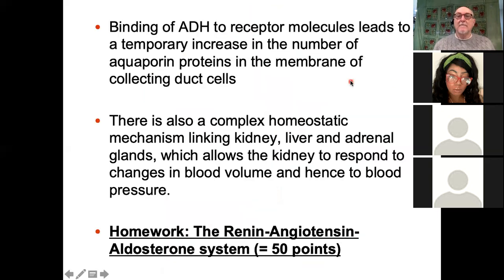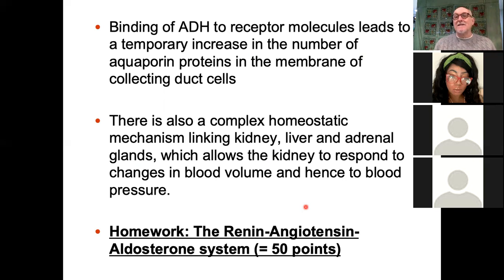Okay, so to finish off today, I want you on your own to have a look at the system which maintains blood pressure in the body. And this is another complex homeostatic mechanism.